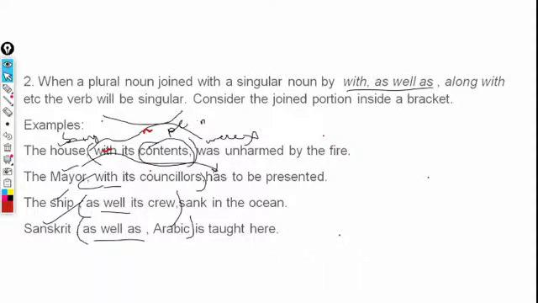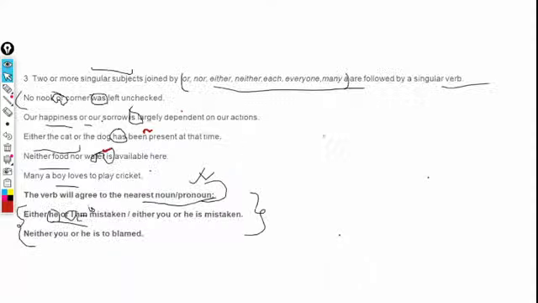As well as its crew, with its counselors, with its contents, all of these are plural, we know that. But our main noun, what is our main noun? House, mayor, ship, Sanskrit, all these are our main noun, and that is itself singular. So obviously our verb will be singular.